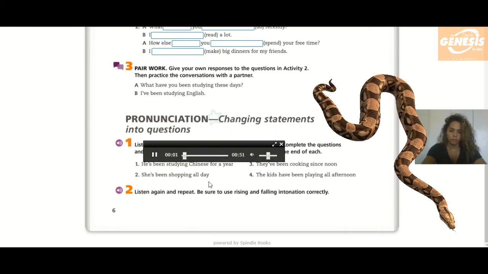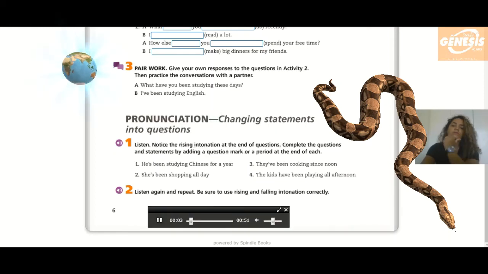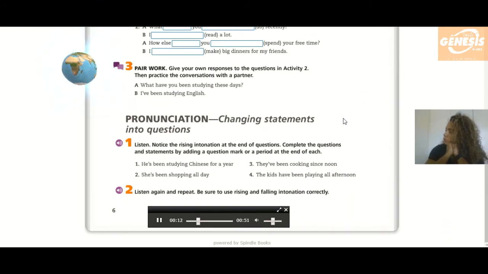Page 6. Pronunciation. Changing statements into questions. Listen. Notice the rising intonation at the end of questions. Complete the questions and statements by adding a question mark or a period at the end of each. 1. He's been studying Chinese for a year?